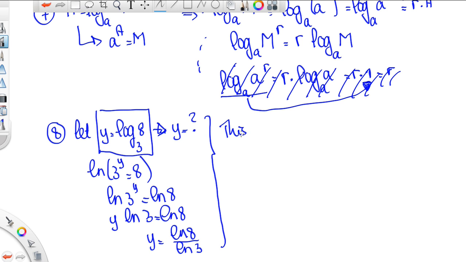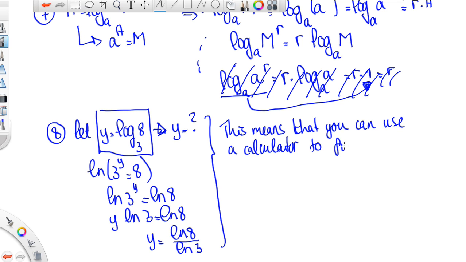So what this means is that you can use a calculator to find what the log 3 of 8 is worth. You can't plug that in the calculator, but you can find out by saying, well, that is the same as the natural log of 8 divided by the natural log of 3. Okay, and that can go in the calculator.